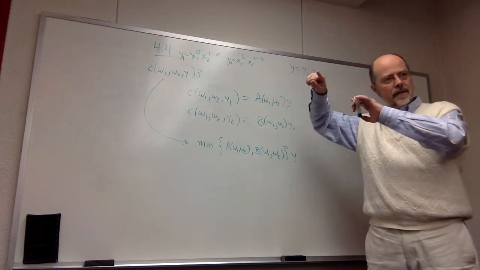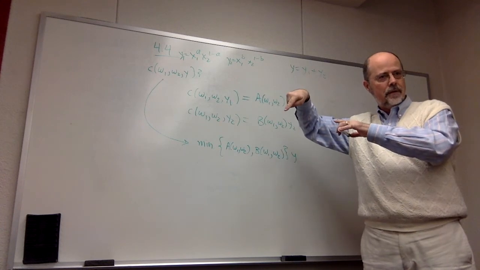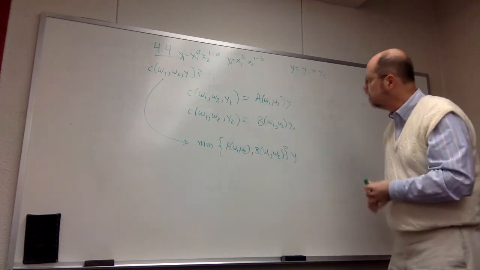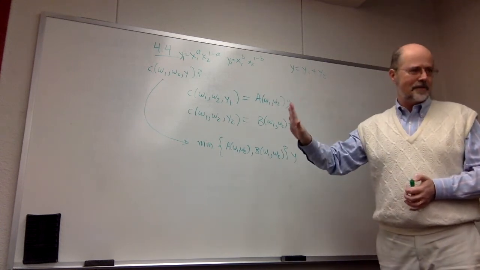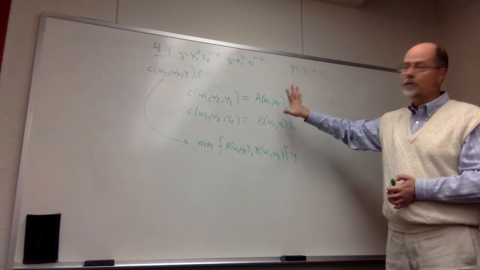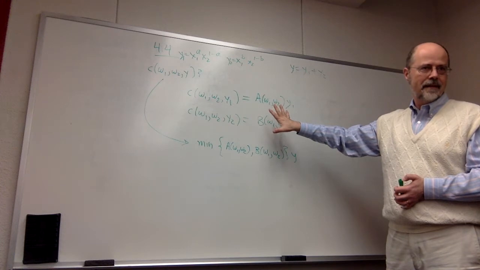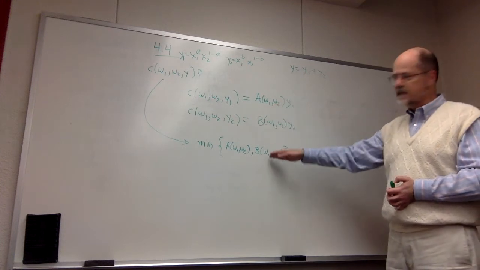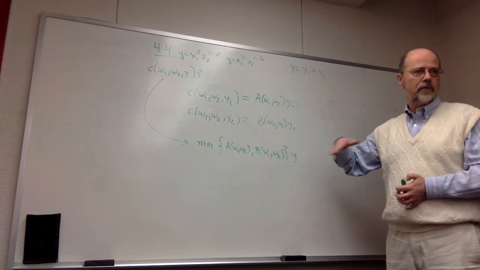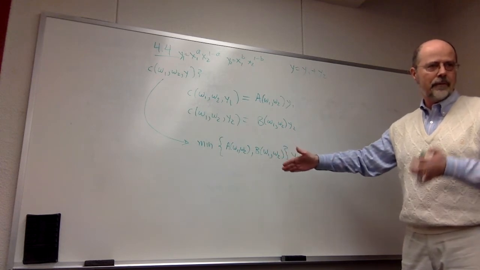Plus W2 times Y1 and Y2. All right. Let me just write a few things. These do not belong to the answer to this problem because here we have constant returns to scale. So it makes it really simple. You just take the minimum and it will be the same minimum throughout the scale. So no matter how much you make.